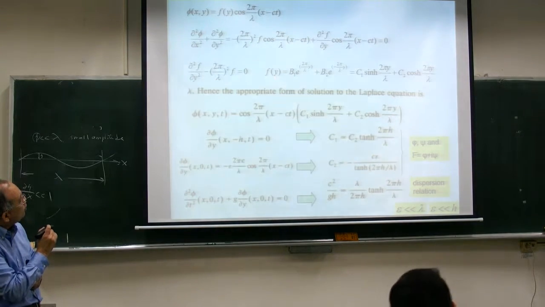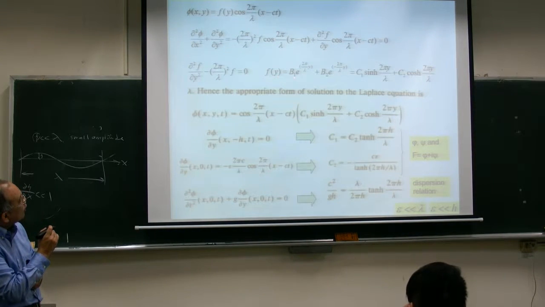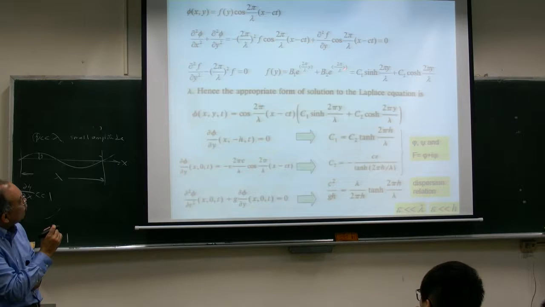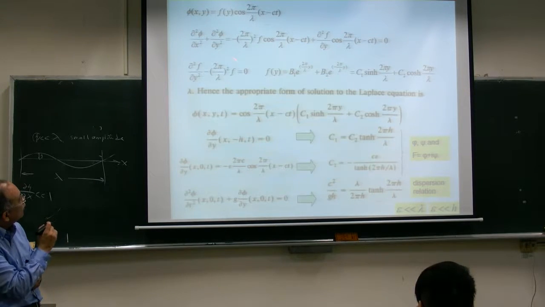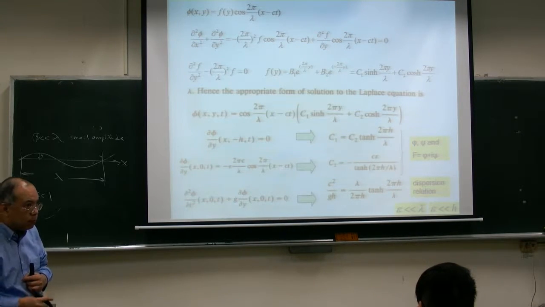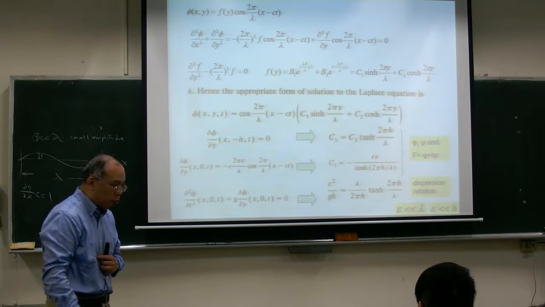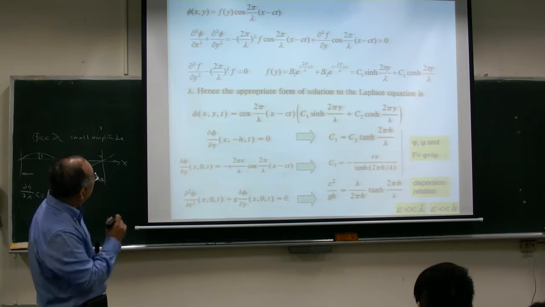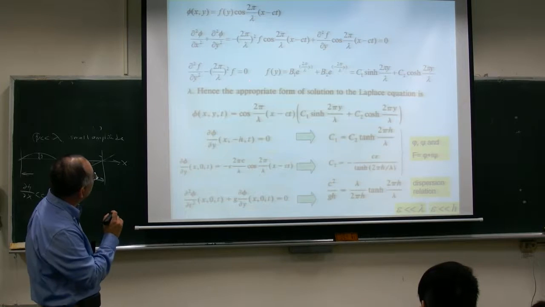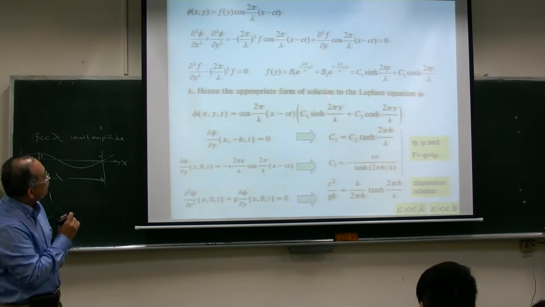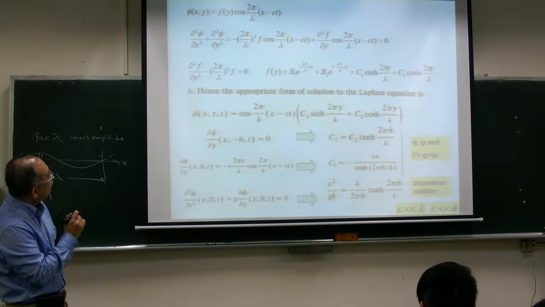This ODE gives us f(y) can be written as v1 exponential 2 pi over lambda y plus v2 exponential minus 2 pi over lambda y. This is a typical ordinary differential equation, a homogeneous ODE because this is equal to 0. And these are exponential functions, one with a positive sign, one with a negative sign.